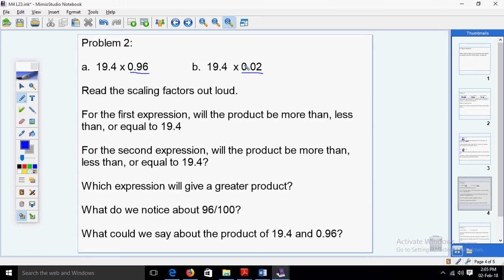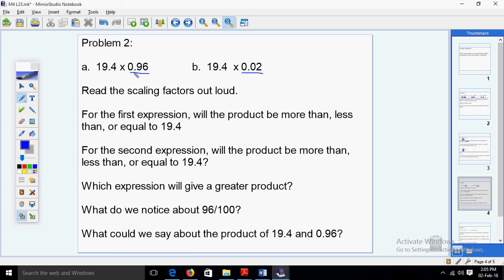But which one is going to give me the greater product? Not above one, but which one is going to be greater? Here I have 2. Did I say 2 hundredths before? I meant 2 hundredths. If I said 2/10, I'm sorry. 2 hundredths here, and 96 hundredths. So let's think about rounding. 96 hundredths, how would I round that? That's almost 1.